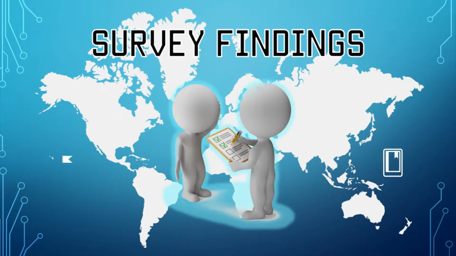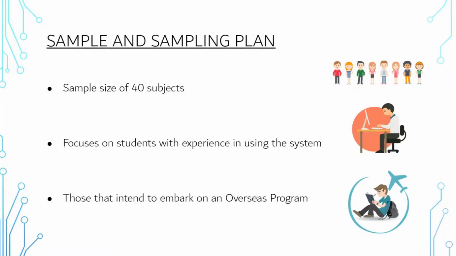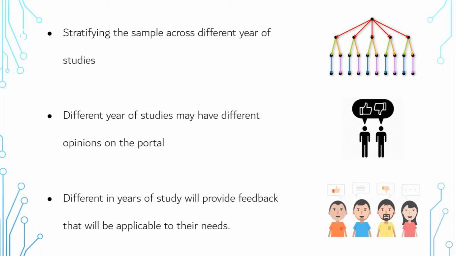Okay, so we had a sampling plan. We had a sample size of 40 students, and we are trying to ensure representativeness. So we stratify the data across different years of studies. This is because different years of studies may have different opinions on the portal, so this will provide feedback that is applicable to their needs.